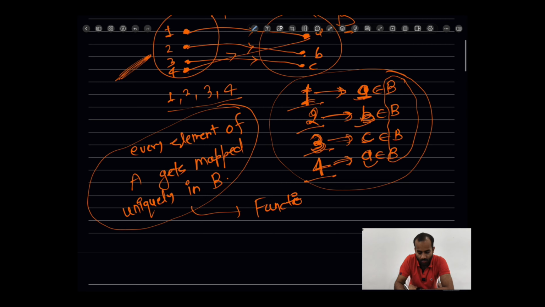So a function is a very specific kind of relation in which we are restricting some conditions. First restriction is that no element of the domain must be left unmapped. Second restriction is that every element of A can get only a single value in the codomain B.